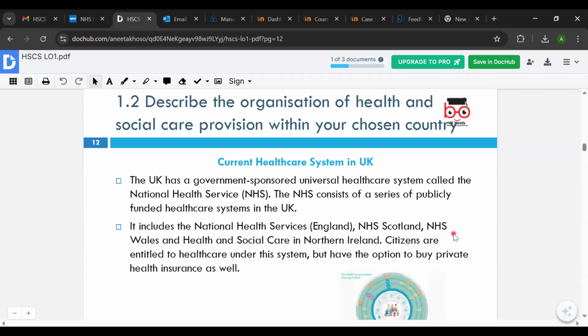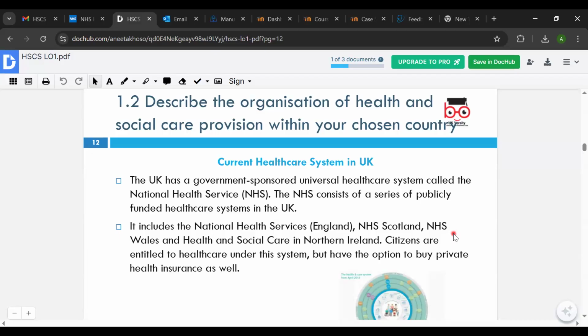Anything else? Yeah, so for instance, if you have health insurance and you want to see a doctor right away, let's say, and there's not much the free services can do for you at the moment, you can always use your health insurance to cover you.